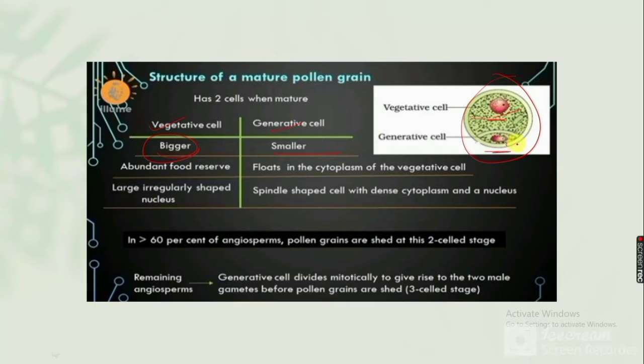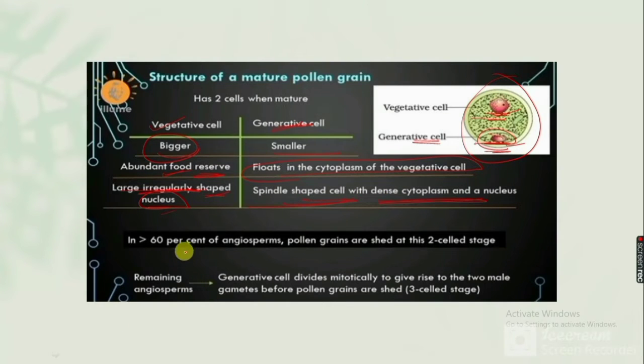The vegetative cell has abundant food reserve, whereas the generative cell floats in the cytoplasm of the vegetative cell. The vegetative cell has a large irregular-shaped nucleus, whereas the generative cell has a spindle-shaped nucleus with dense cytoplasm.